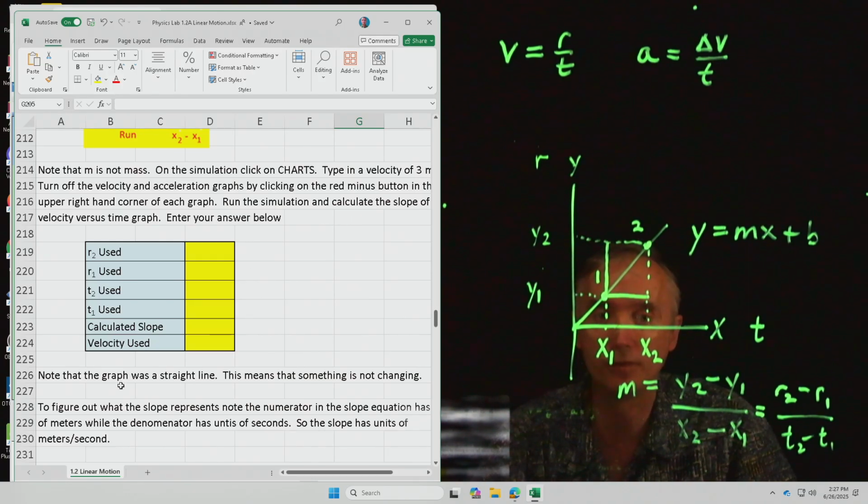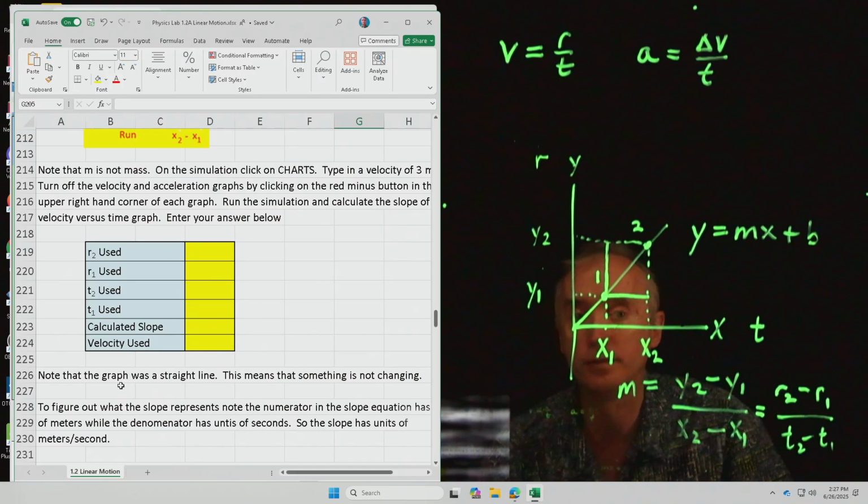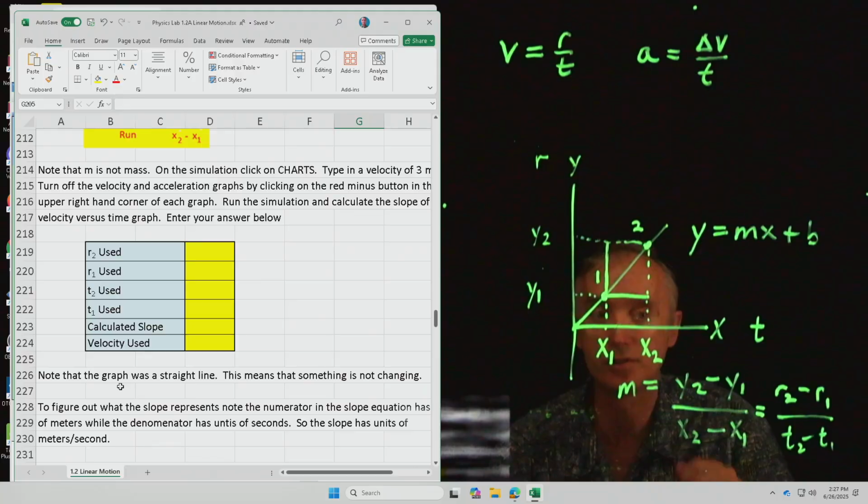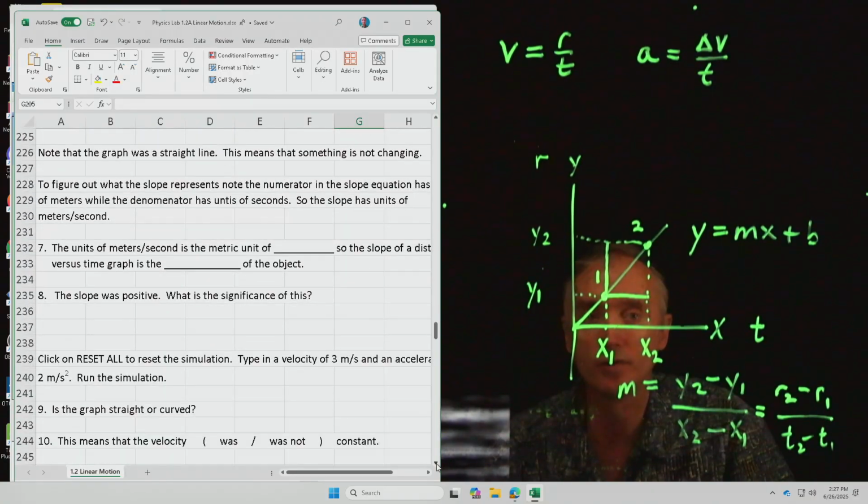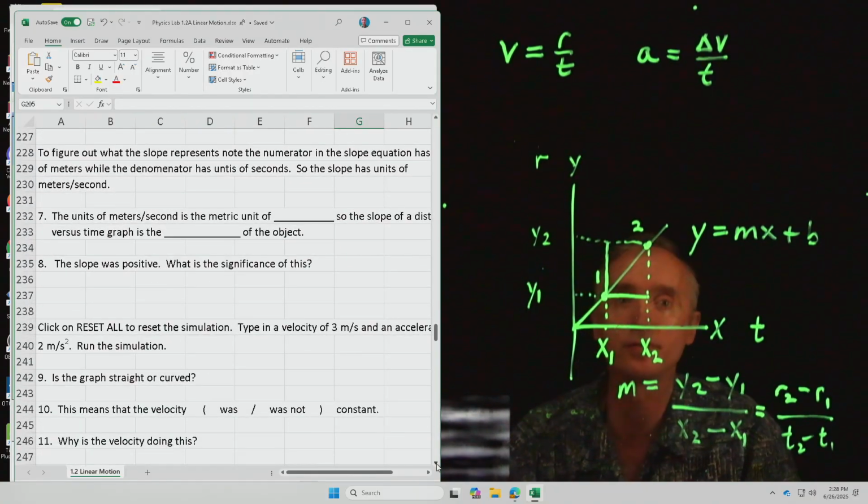Note that the graph was a straight line. Anytime that you get a straight line, it means that something is not changing. Now the goal is to figure out, well, what is it that is not changing? So to figure out what the slope of the line represents, we're going to plug in the units.